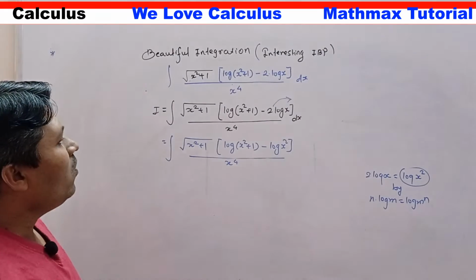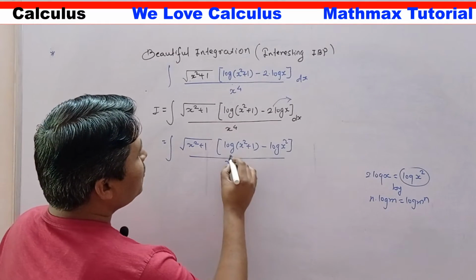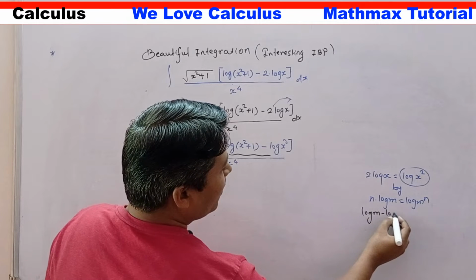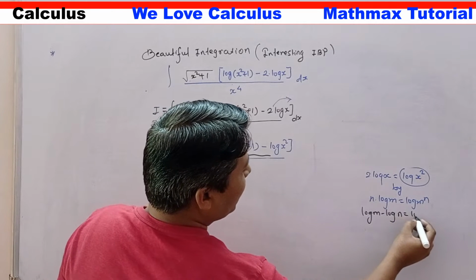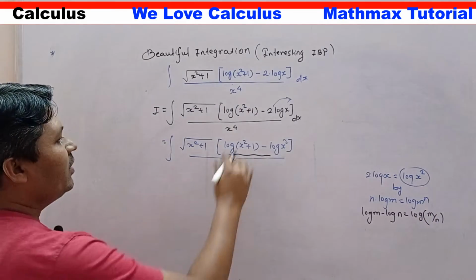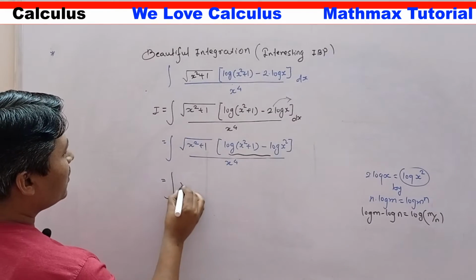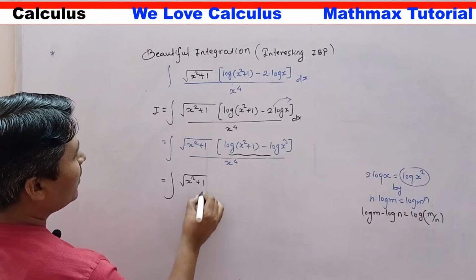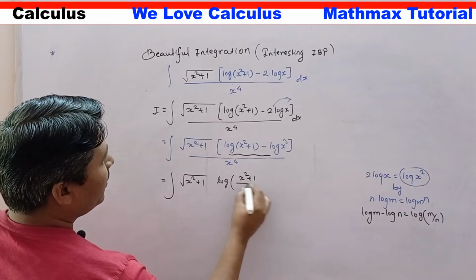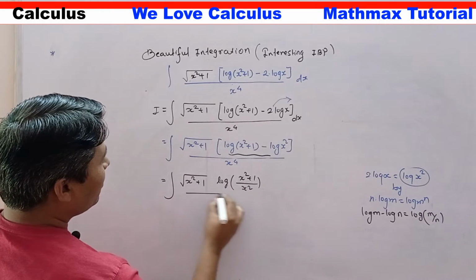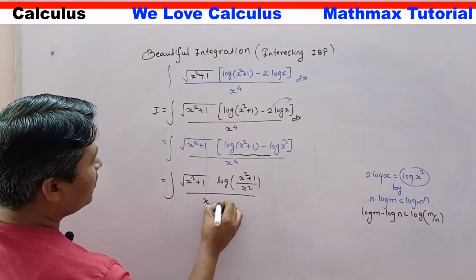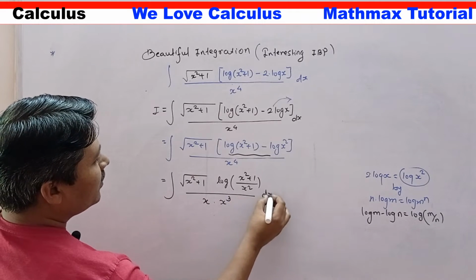Now again we simplify this equation. We know the formula log m minus log n equals log of m by n. Then it becomes root of (x square plus 1) times log of ((x square plus 1) divided by x square), and the term x raised to 4 we can write as x into x cube, dx.